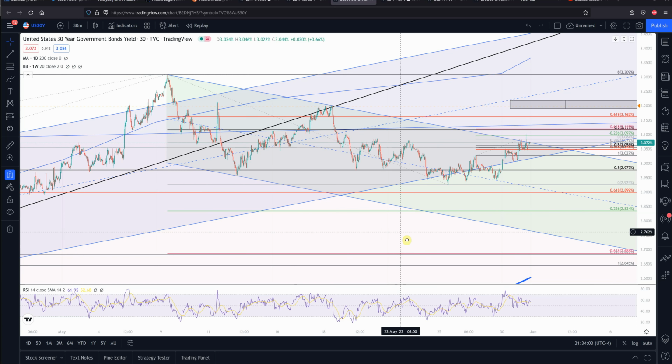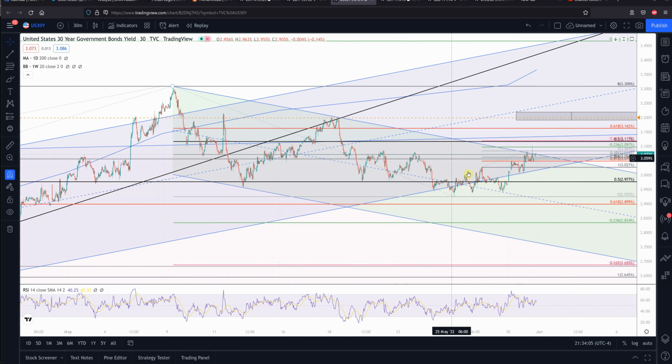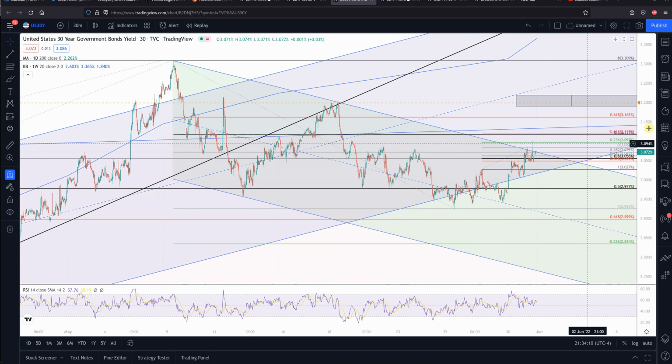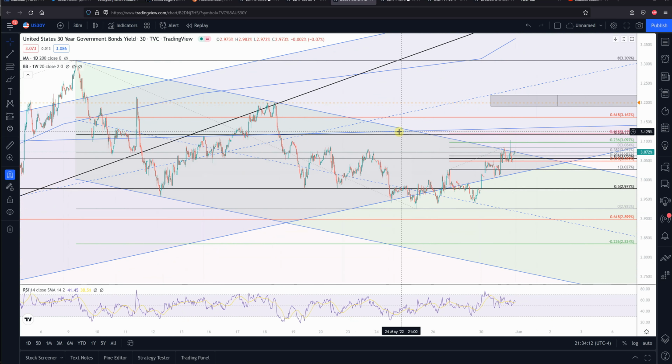The reason that might happen is that yield hasn't traded up into its short from highs yet. We sort of front ran it today. The 50% short from highs is this black line. And so maybe this setup matters to the market and they want to push yield up to its 618 line or even beyond into what I call stealth fib resistance zones, which is this gray box up here.